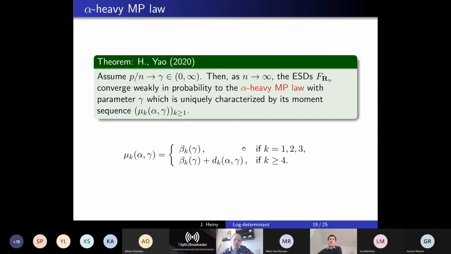So the first 3 moments coincide with the moments of the Marchenko-Pastur law. So beta k is the kth moment of the Marchenko-Pastur law. And from the 4th moment and higher, you get some positive term d_k of alpha, gamma on top of these Marchenko-Pastur moments.